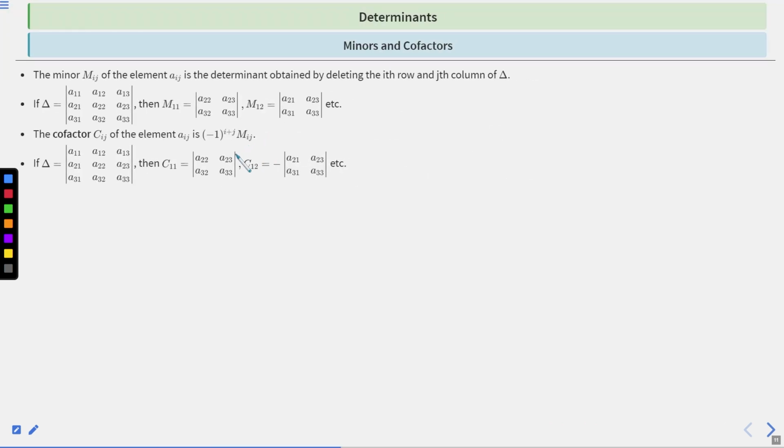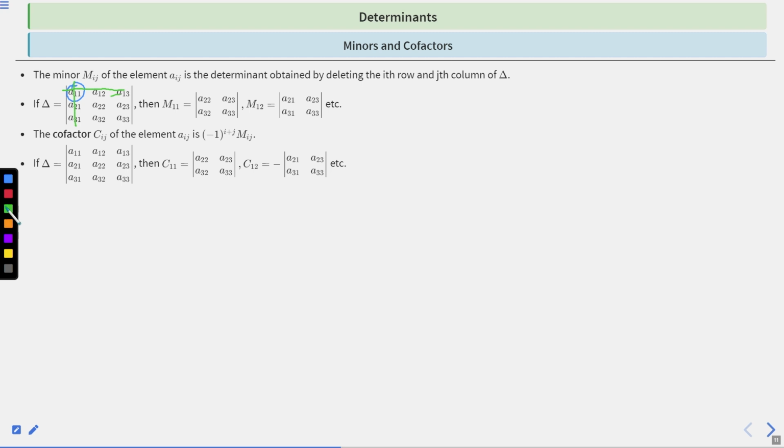Now let's see minors and cofactors. What are minors and cofactors? The minor Mij of the element Aij is the determinant obtained by deleting the ith row and jth column of the determinant delta. Suppose we have delta with A11, A12, A13 like this. Then M11, the minor, can be calculated by deleting the first row and first column, so you will get the determinant of A22, A23, A32, A33, right?